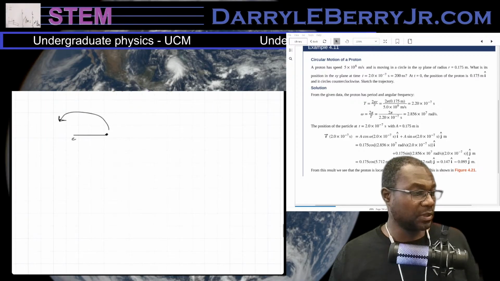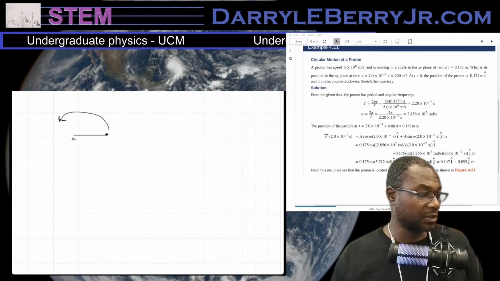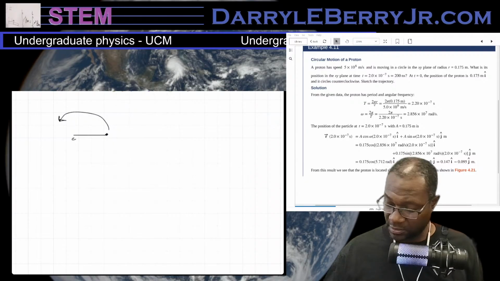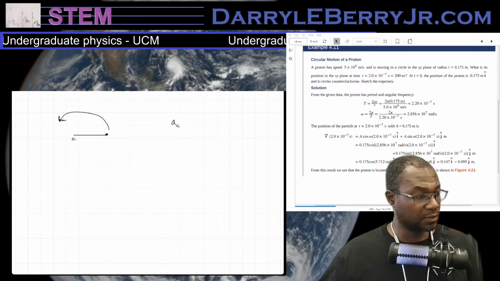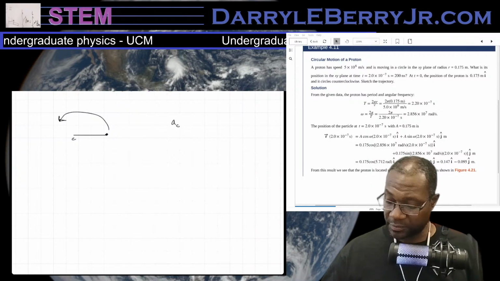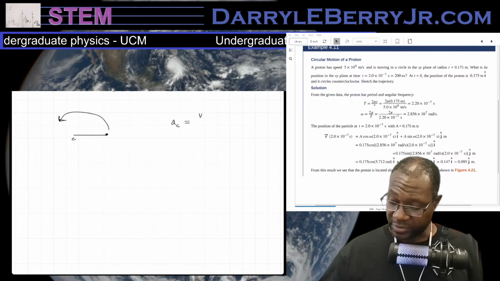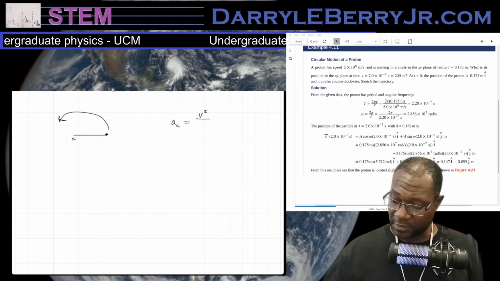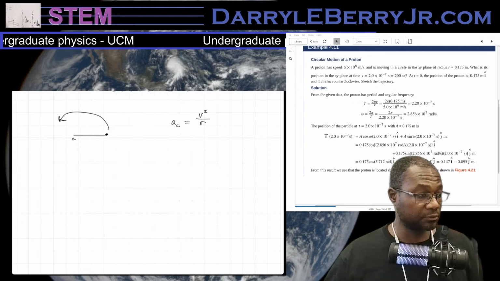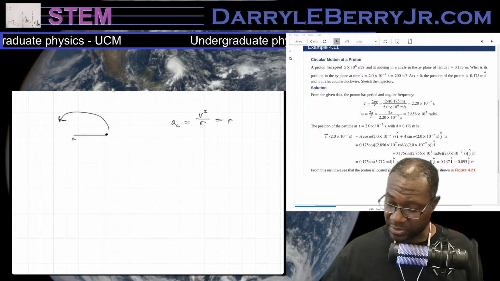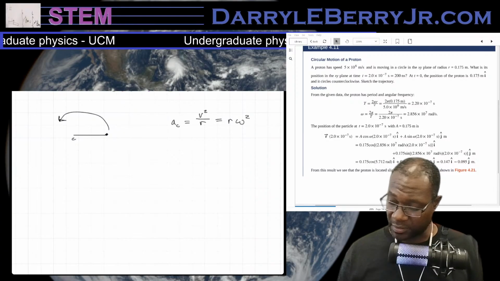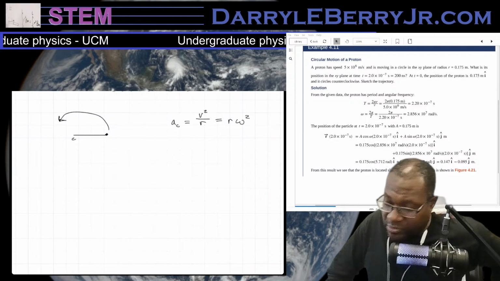That formula, as it is on the sheet, is centripetal acceleration equals the tangential velocity squared divided by r, which equals r times the angular frequency squared, how much the angle changes per second squared.